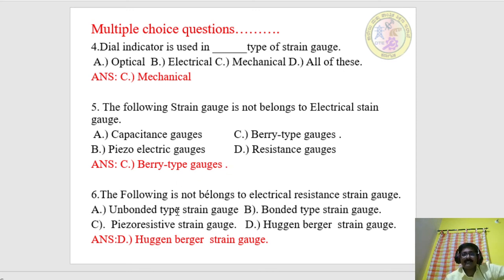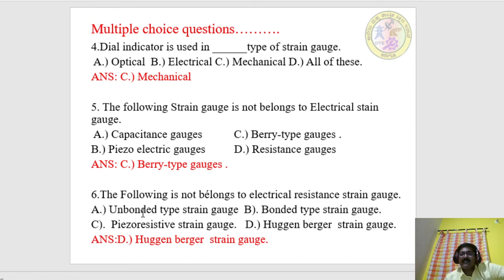Question number 6. The following does not belong to electrical resistance strain gauge. Options are A unbonded type strain gauge, B bonded type strain gauge, C piezoresistive strain gauge, D Huggenberger strain gauge.